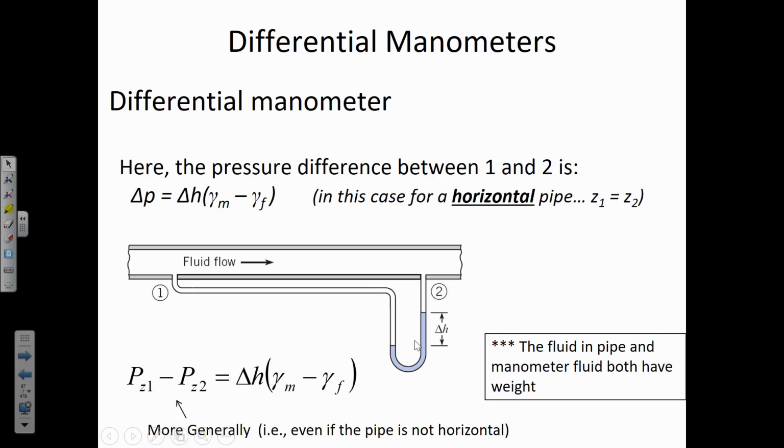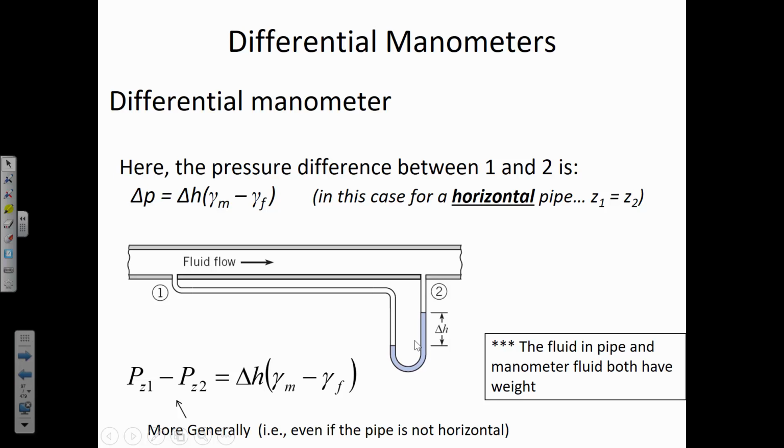So here's the more general, accurate equation that you don't have to worry about whether the pipe is horizontal for. It's expressed in terms of P sub z rather than P. The top equation, which is only true if the pipe is horizontal, was P1 minus P2, which is by definition delta P, equal to delta H times the gamma of the manometer fluid minus the gamma of whatever fluid's flowing through there.